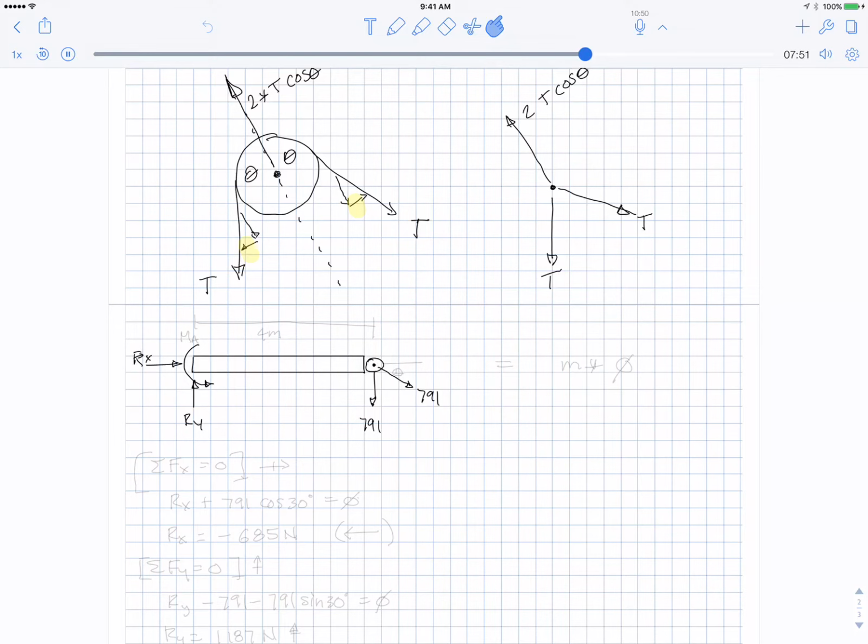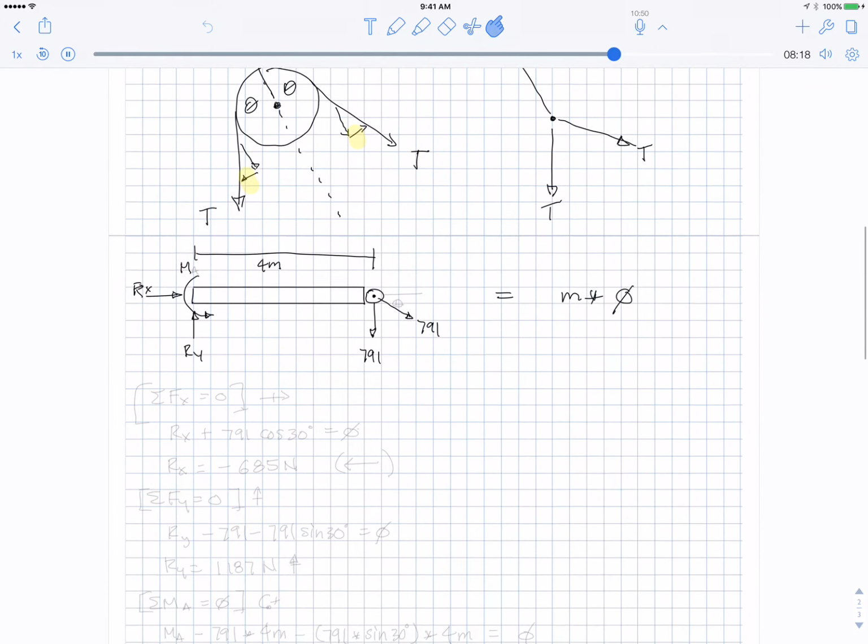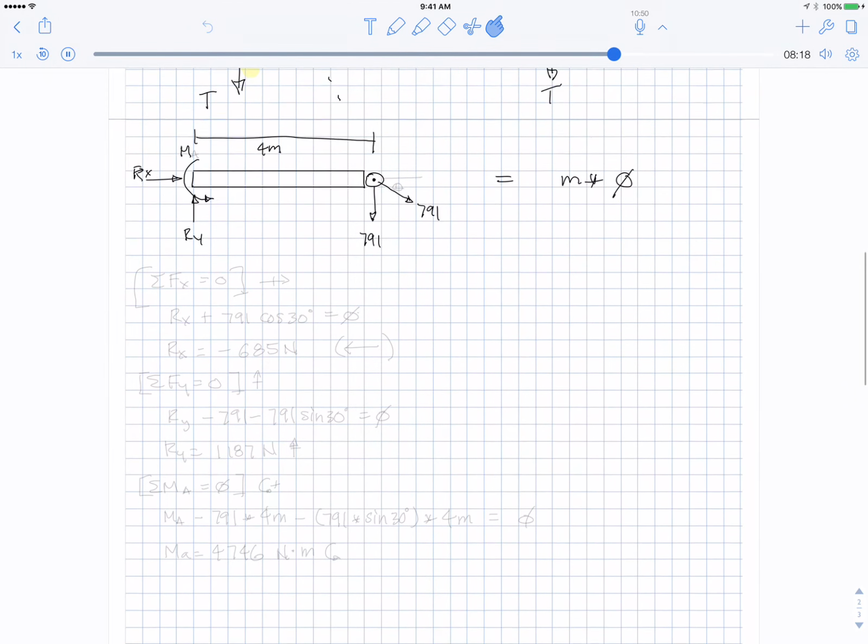It's just as before, with the small difference in that I put the 791 forces going right through the center of the pulley, which is going to be important because we do know that dimension is 4 meters. Okay, and this one equals m times 0. There is no acceleration. The beam is not moving. Okay, so it becomes a statics problem, so that's easy.